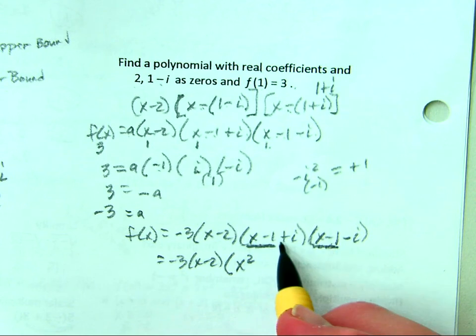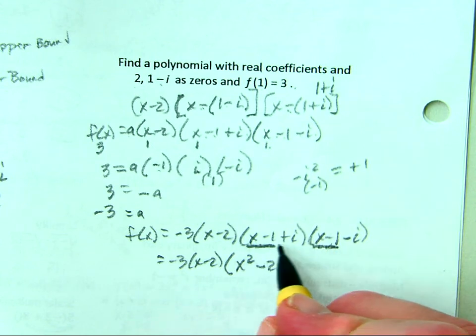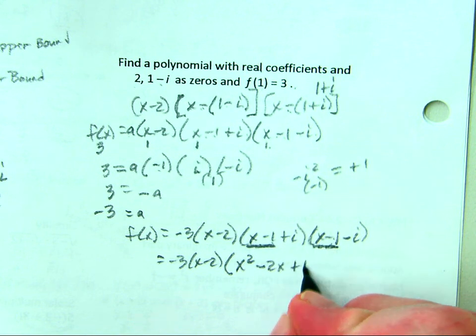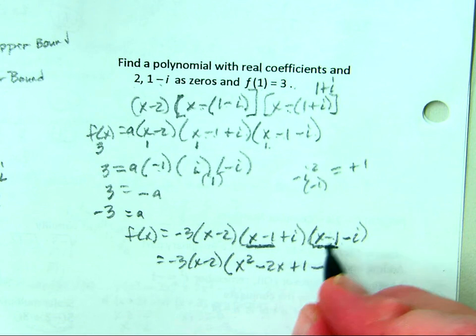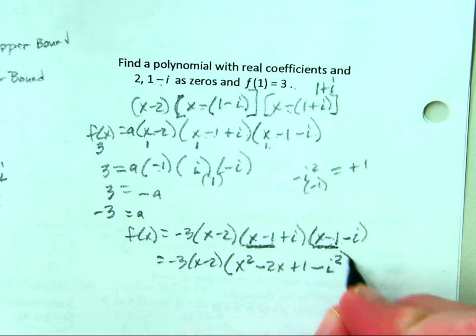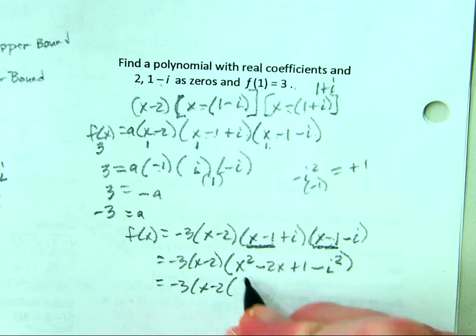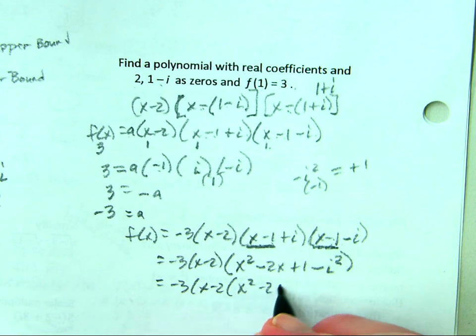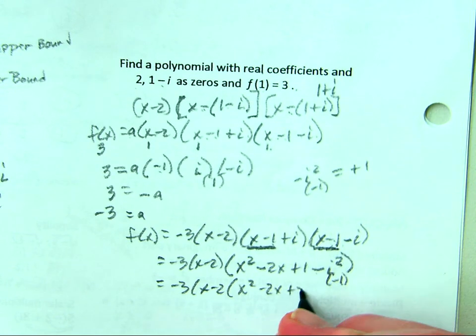We get a negative 1x twice, so that's a negative 2x. And then negative 1 times negative 1 is a positive 1. Now here we can take i times i, that's minus i squared. So that's a negative 3, x minus 2, times x squared minus 2x. Well, i squared is a negative 1, so that's 1 minus a negative 1, which is 1 plus 1, which is 2.